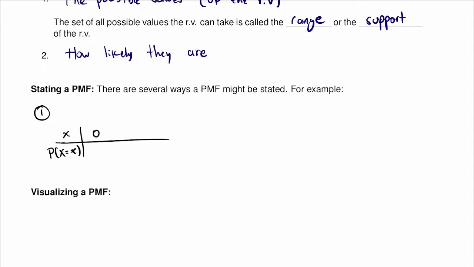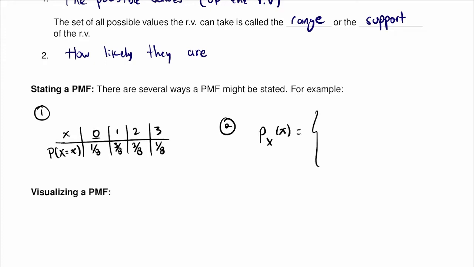So if, for example, we have the values 0, 1, 2, and 3, as in the previous example, we are going to plot the probabilities over here. The probability of x taking the value 0 is going to be 1 over 8. The probability of taking the value 1 is 3 over 8, and so on. Also, we can plot the PMF as a piecewise function.